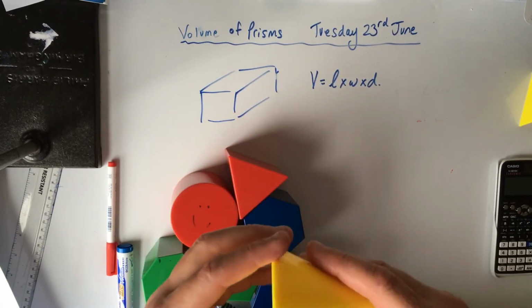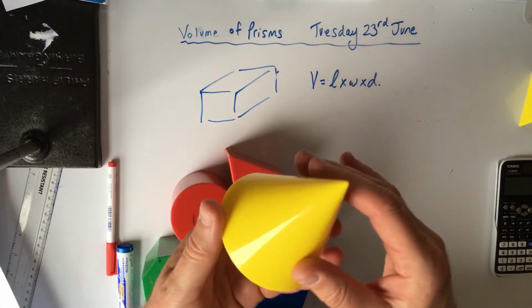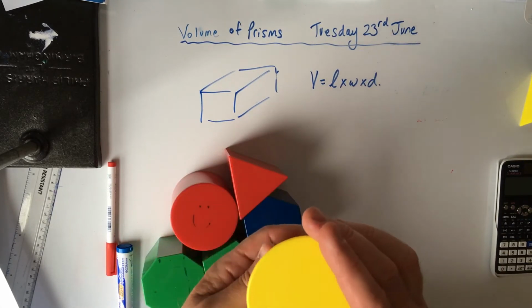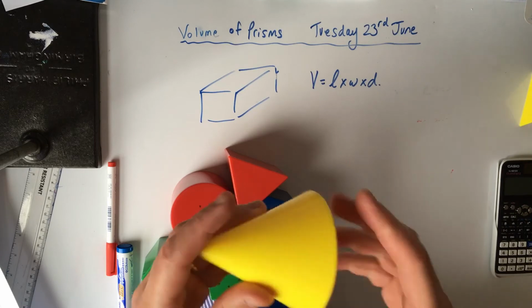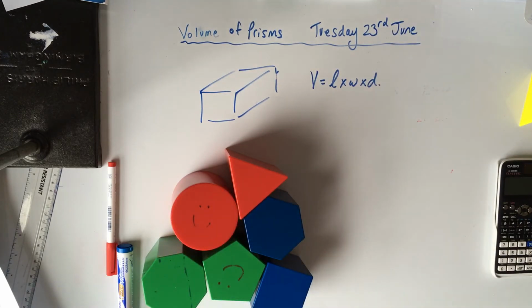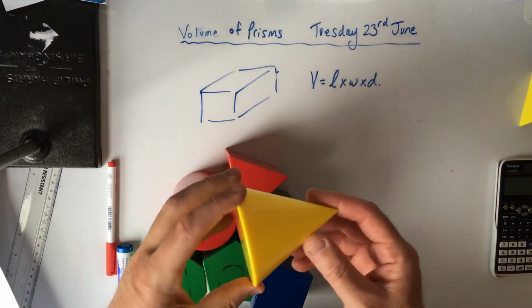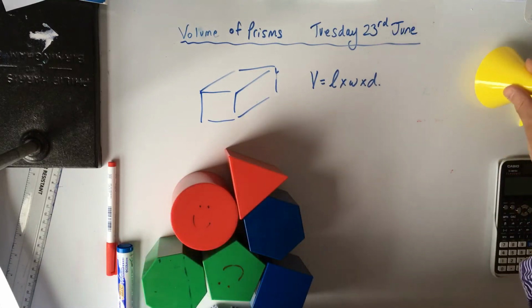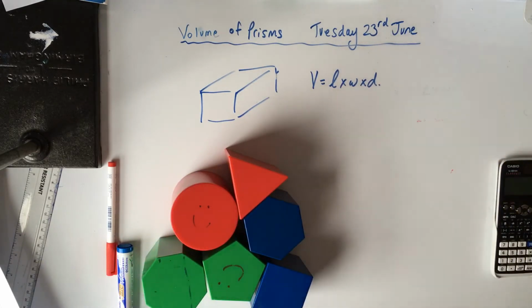The famous Great Pyramids in Giza, Egypt, are square based pyramids. I don't think I've got one of those in the box actually. No, they must be in the other box. So I haven't got one of those to show you. We're not going to deal with the pyramids, just the prisms.